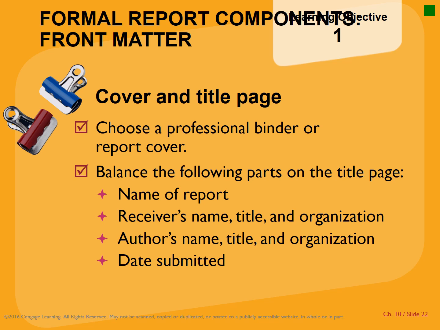We want to choose a professional binder or report cover if we were actually printing the report out. Since our reports would be electronic, you don't necessarily need to worry about a binder or a cover, but we most definitely will have a title page, which will include the name of the report. You want to think of a savvy name, something that would attract readers to your report.